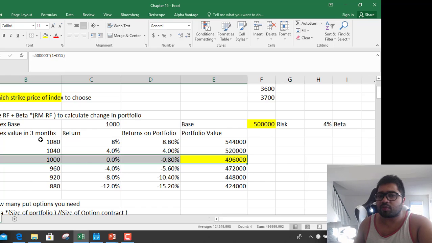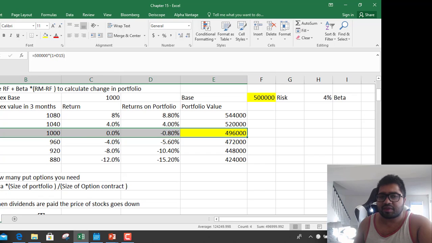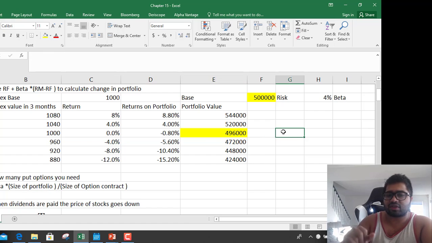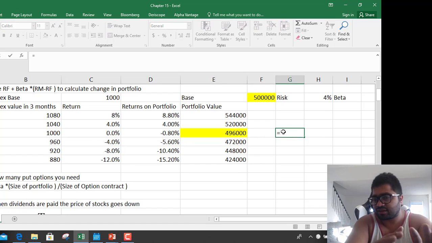Now how many put options would you choose? That is given by beta times size of portfolio divided by size of option contract. I'll calculate that too, and then we'll do one more problem in its entirety. Beta is 1.2 for the portfolio, times the size of portfolio, 500,000, divided by the size of option contract.